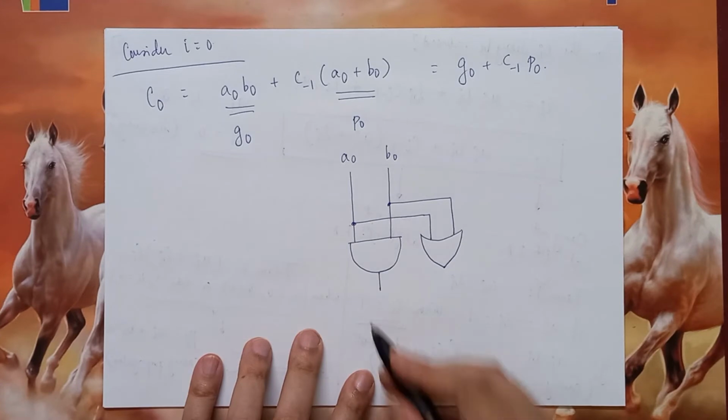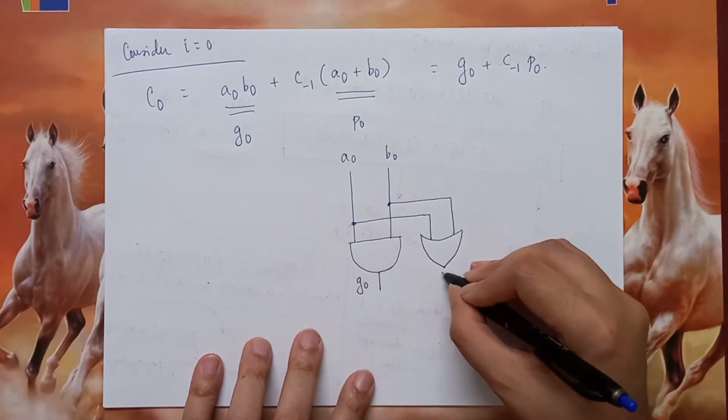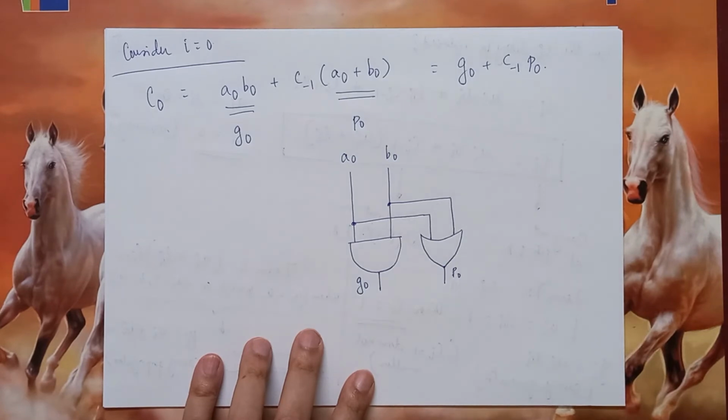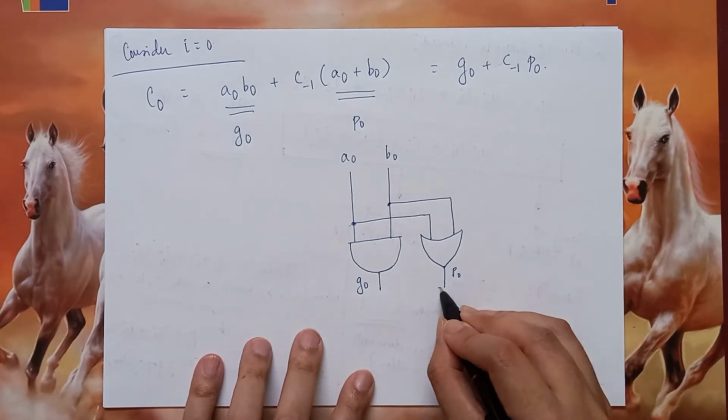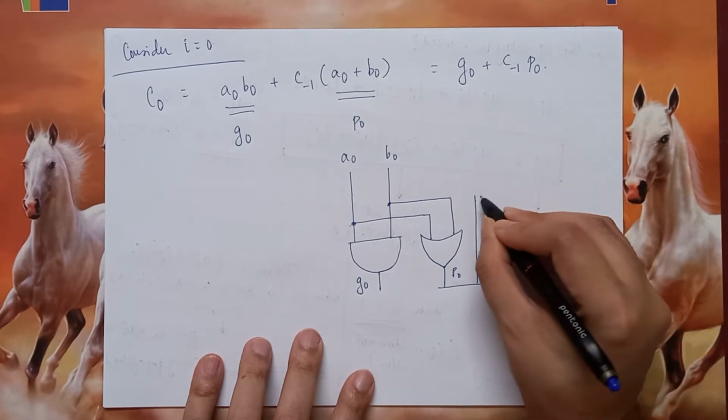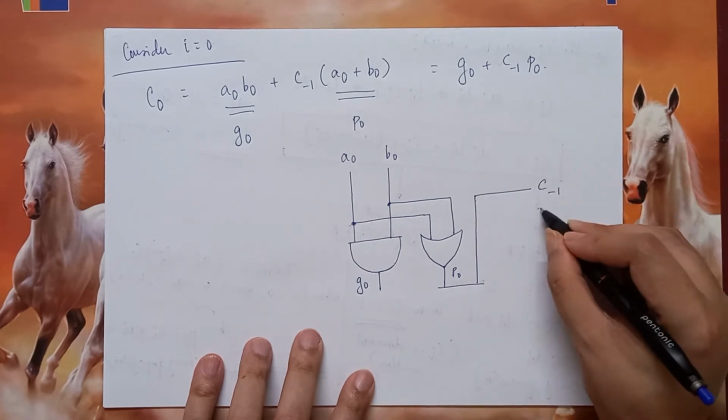This is A0 dot B0, which is nothing but G0, and A0 plus B0, which is nothing but P0. Now P0 has to be ANDed with C minus 1, which is the third input, which is usually 0.